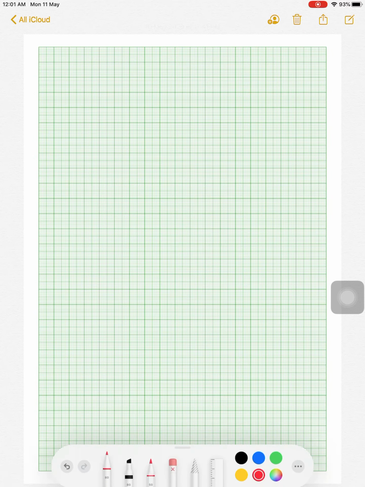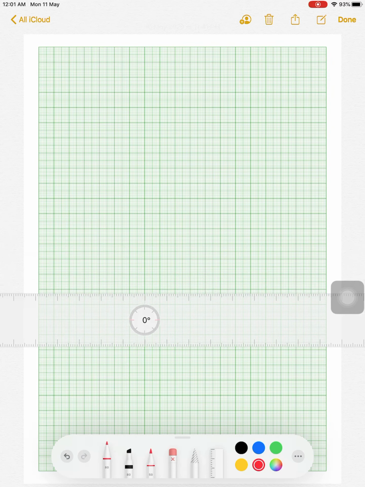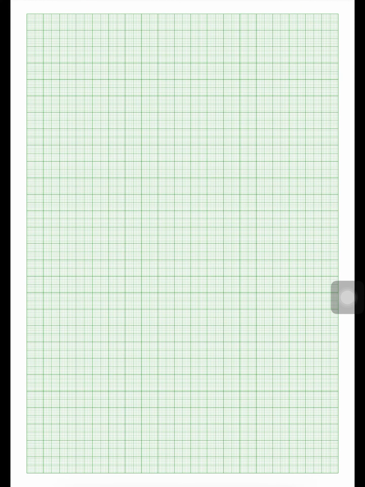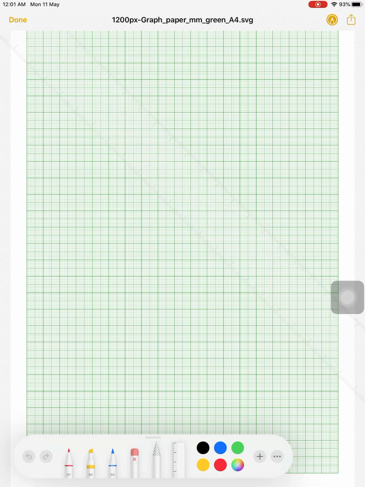Okay. Here I have the graph paper, and I shall draw the axis. Now I shall draw the axis here.